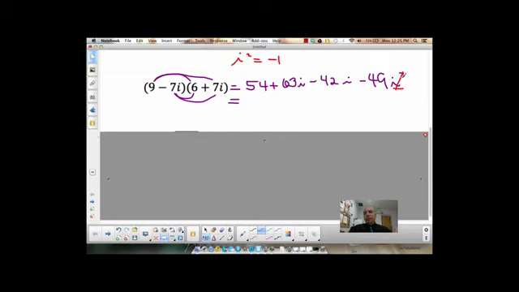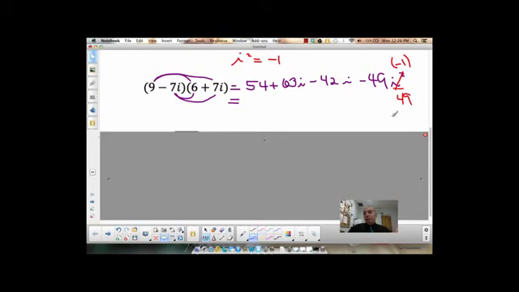So that means this piece right here, this is negative 1. Well, what's negative 49 times negative 1? Right, so I'm going to get 49 here. Okay, so when I multiply these together, I'm actually going to end up with just plain old 49.